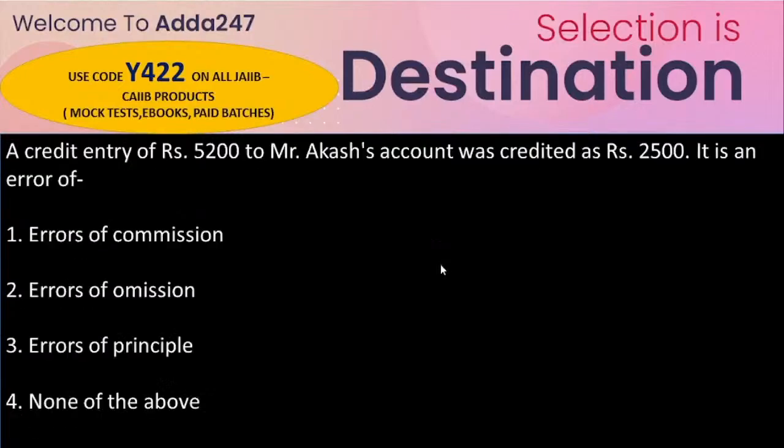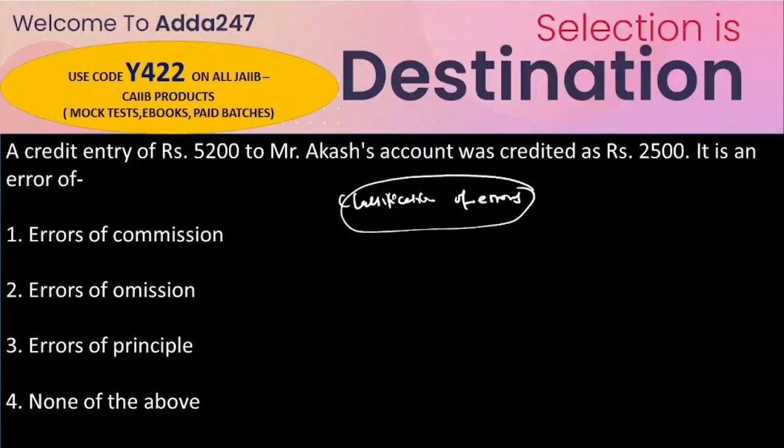Fine. After that, the next question is related to the classification of errors. In the classification of errors, we read about the error of principle, error of omission, and error of commission.